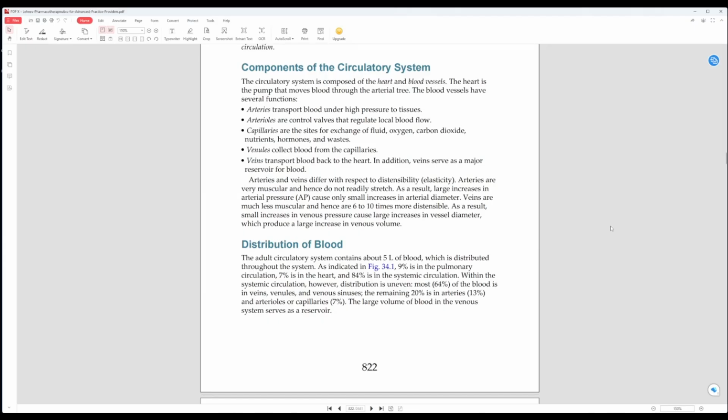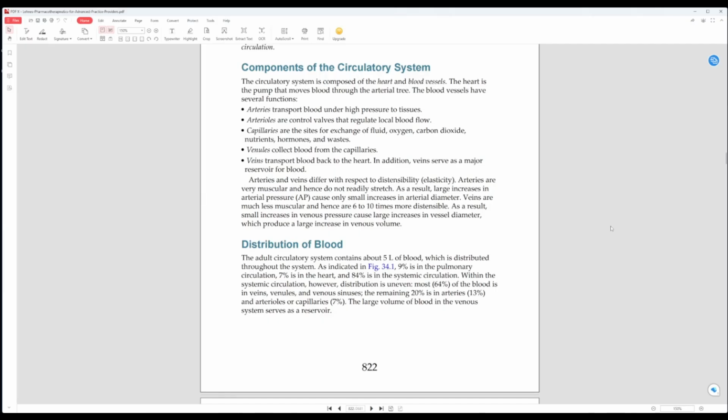The arterioles are the control valves that regulate local blood flow. Capillaries are the sites for exchange of fluid, oxygen, carbon dioxide, nutrients, hormones, and waste. Venules collect blood from the capillaries. Veins transport blood back to the heart. In addition, veins serve as a major reservoir for blood.